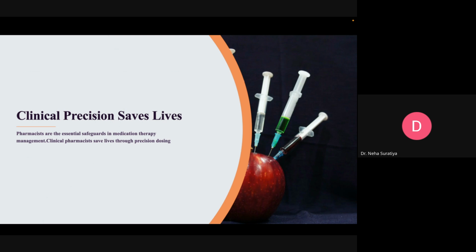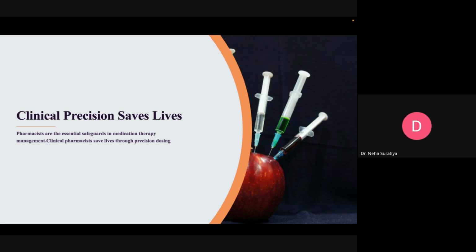And what is the closing? Clinical precision saves lives. That is the closing message from my side today. What is the meaning of clinical precision? That means a wrong dose can harm faster than the wrong drug. If you are not maintaining a dose correctly, it can harm faster than selecting a whole different drug, right? And pharmacists act as the last safety checkpoint. You cannot forget that.